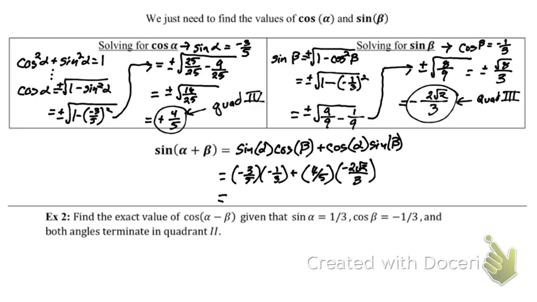And going down, negative 3 times negative 1 is a positive 3 over 15, minus 8 square root of 2 over 15, which is just going to result in 3 minus 8 square root of 2 over 15. All right, questions on that?